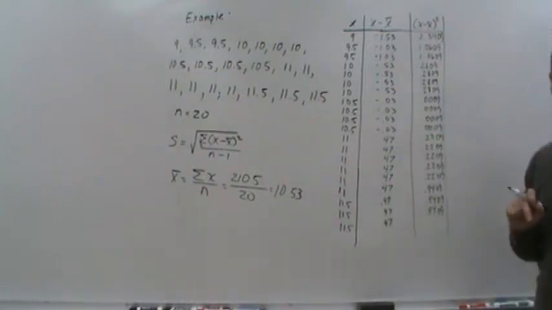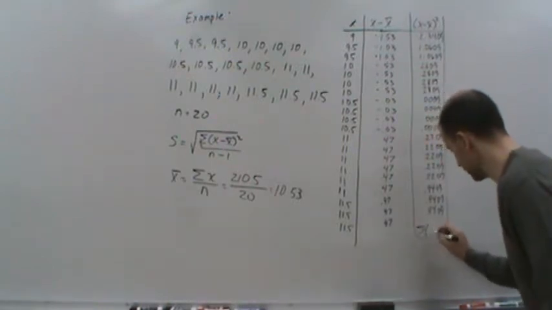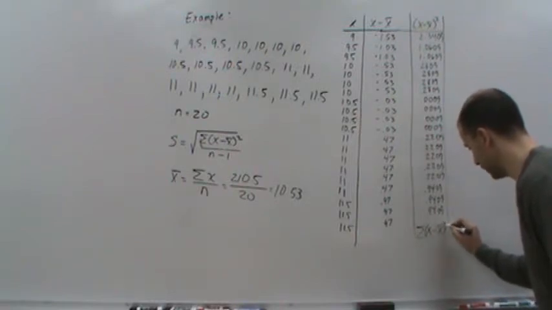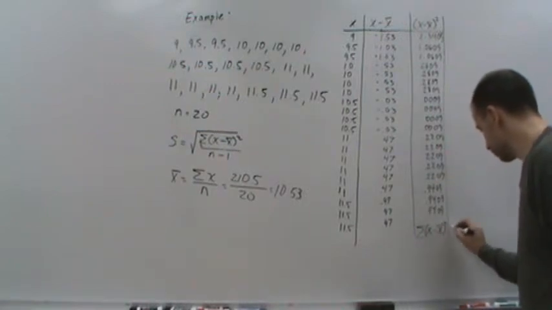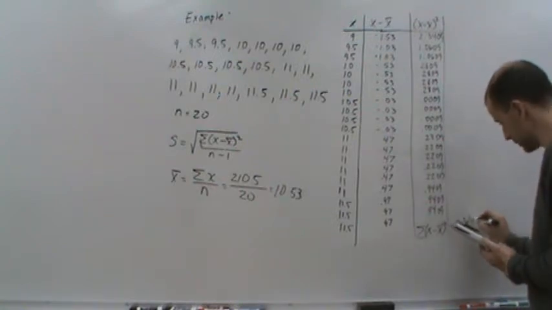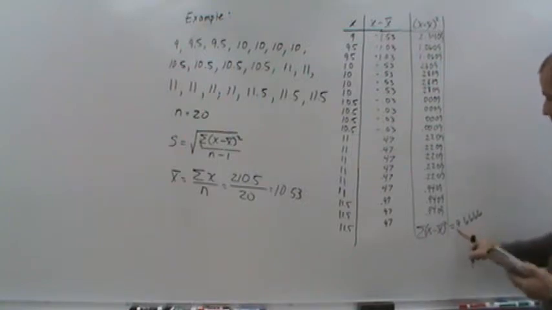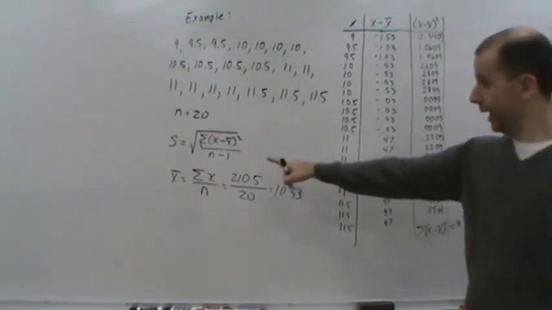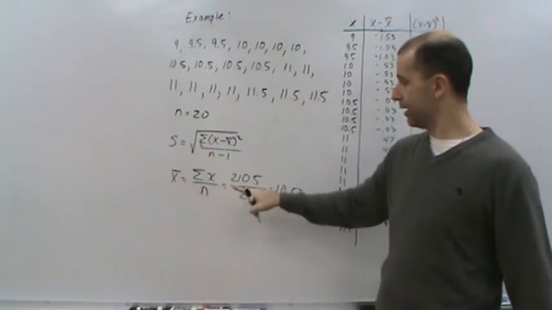So I get 9.6666. The summation of this column, which is the summation of x minus x bar squared, is the numerator. And this numerator turns out to be 9.6666, right? So now, all we have to do is divide by n minus 1, which is 19, and then take the square root.